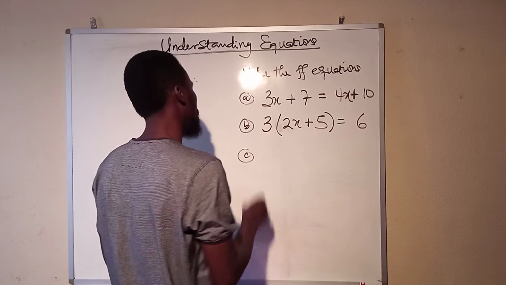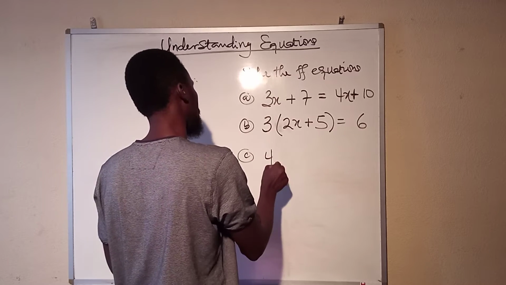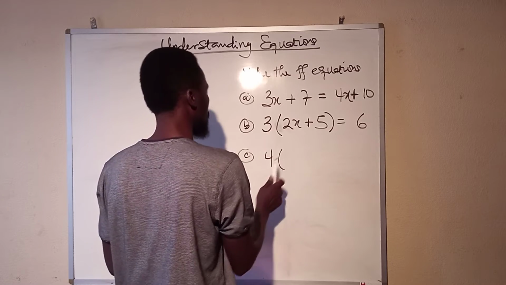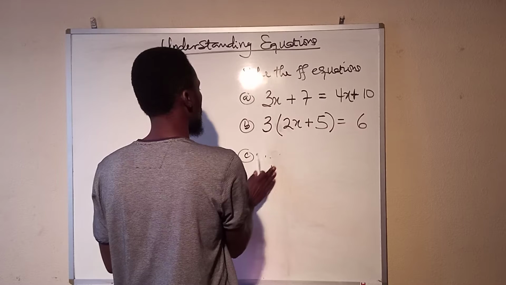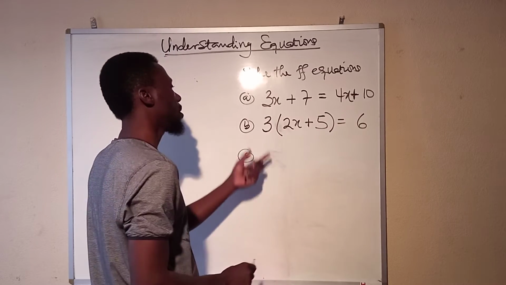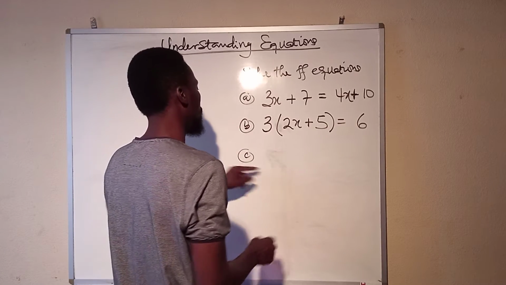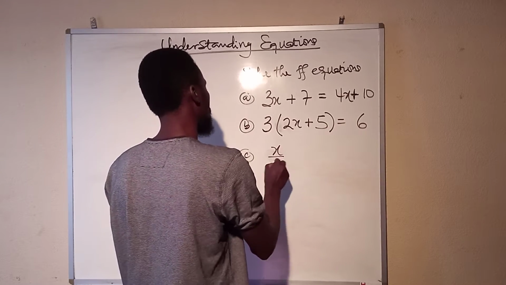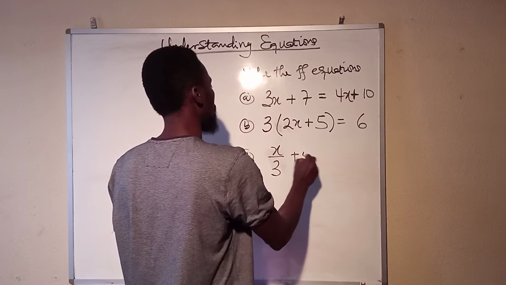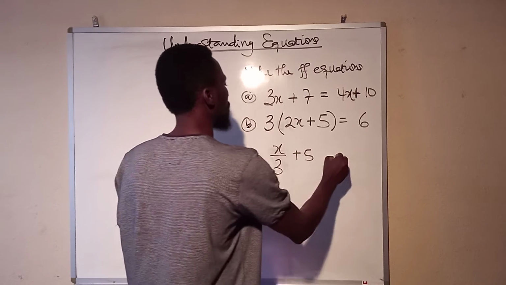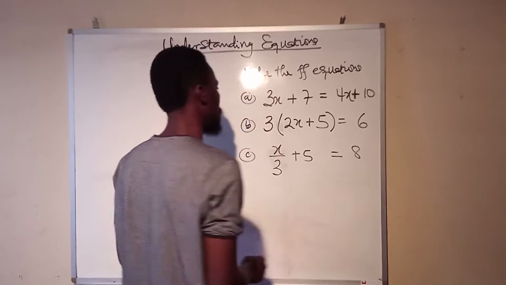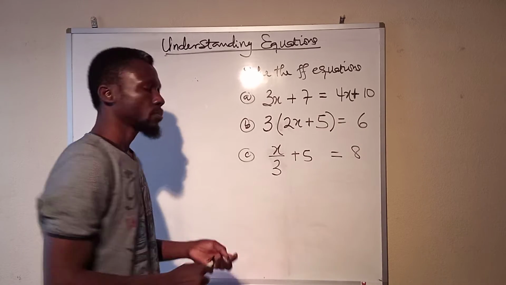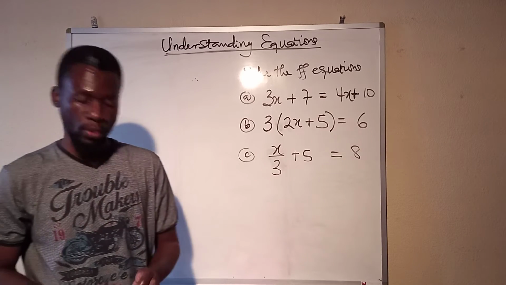Then for C, let's put something else. Let's have x over 3 plus 5 is equal to 8. Now we have these 3 equations.